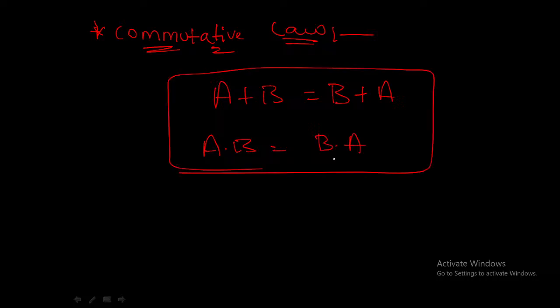The order of variables in OR and AND operations is not important. Here the order is not at all important in the case of commutative law. Next, let's discuss associative law.